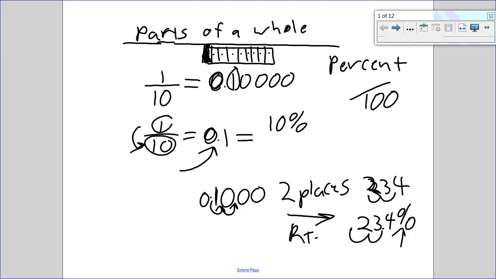And you do that no matter what. If you want to change a decimal into a percent, that's how you do it. If you want to change a percent into a decimal, you just do the opposite. So if they gave you 23.4%, you move it 2 places to the left, 0.234 is your decimal equivalent.